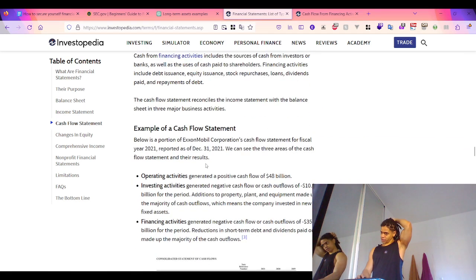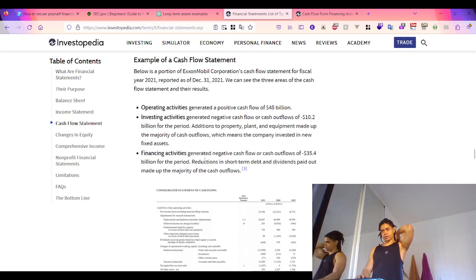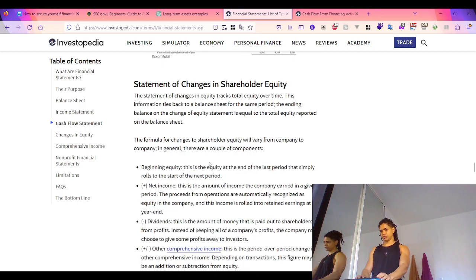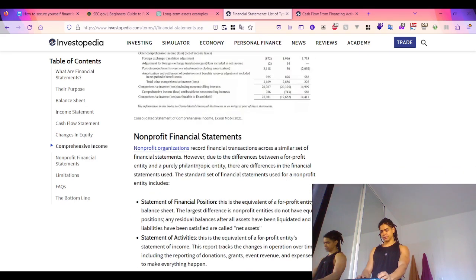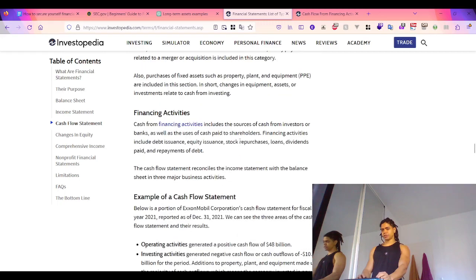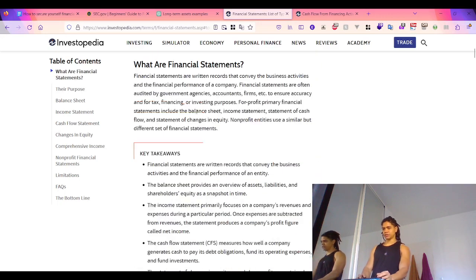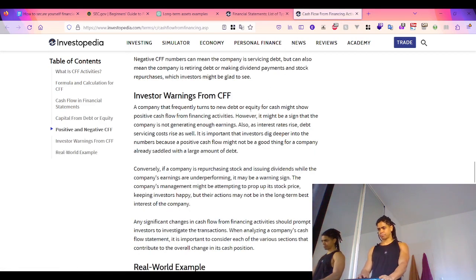Example of a cash flow statement from ExxonMobil. Okay, this is what financial statements are.